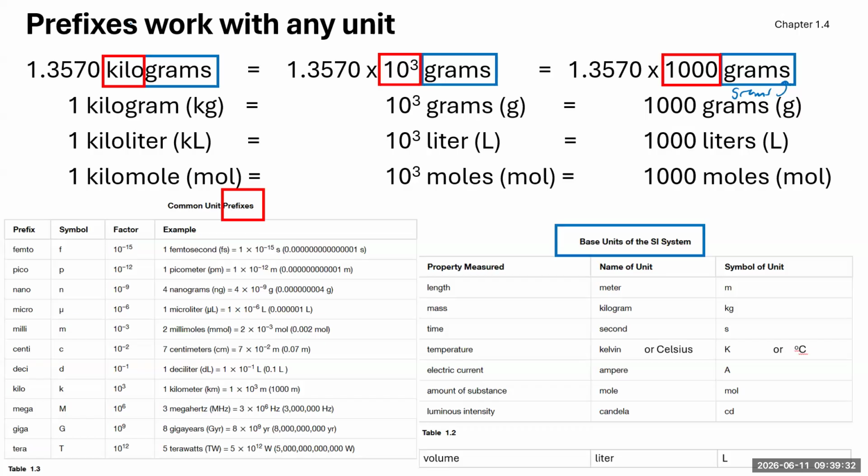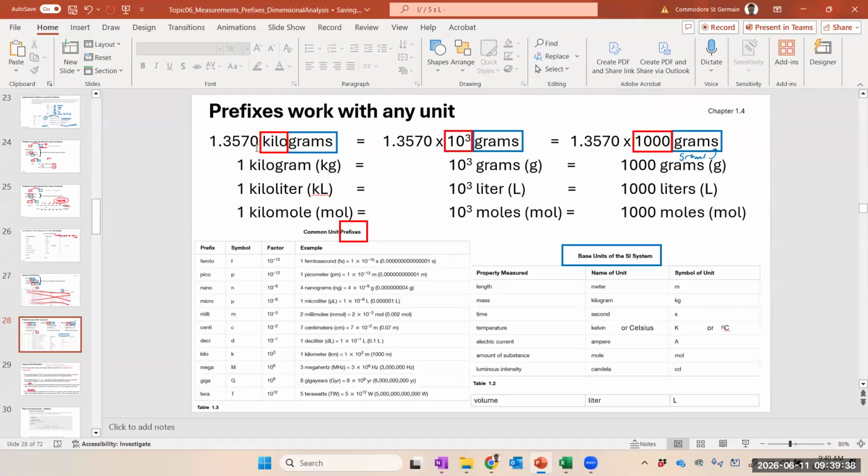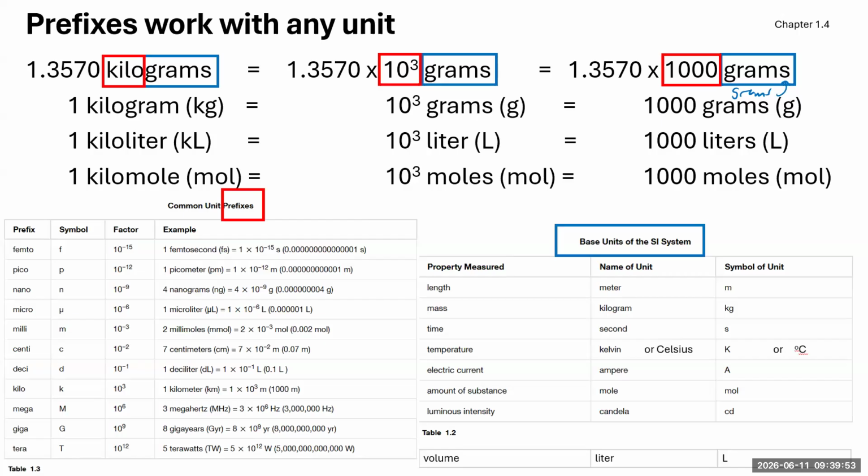And actually, I messed this up earlier and I never changed it. Let's see, 1.357. Oh yeah, so no, sorry, this is all right.